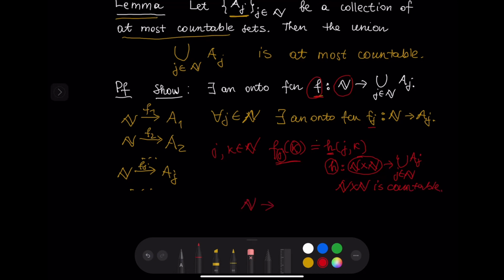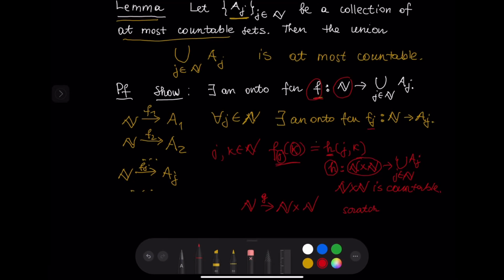So there exists a bijection g from the set of natural numbers to the set N cross N. And so if we compose the function g with the function h, if we look at this composition, h composed with g, this is going to be a function that acts from the set of natural numbers to the union of all Aj. And so this function h composed with g is going to be our function f.